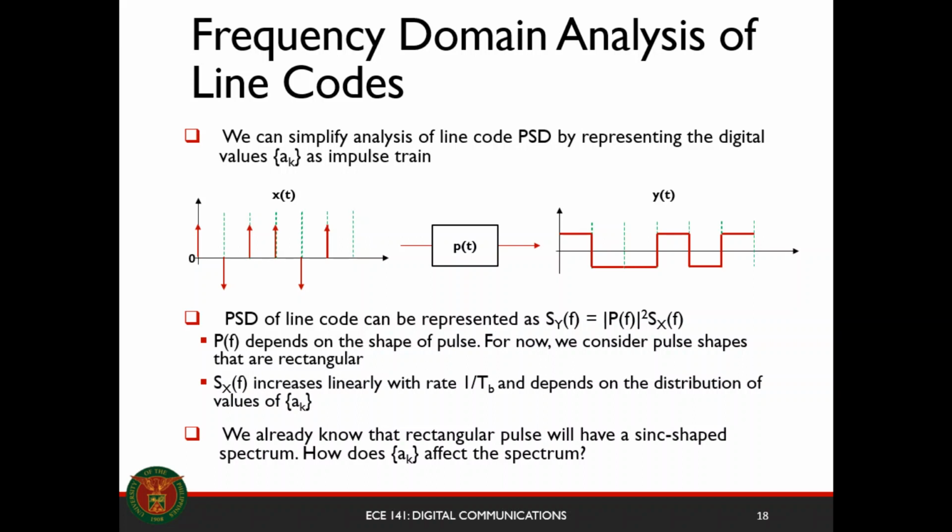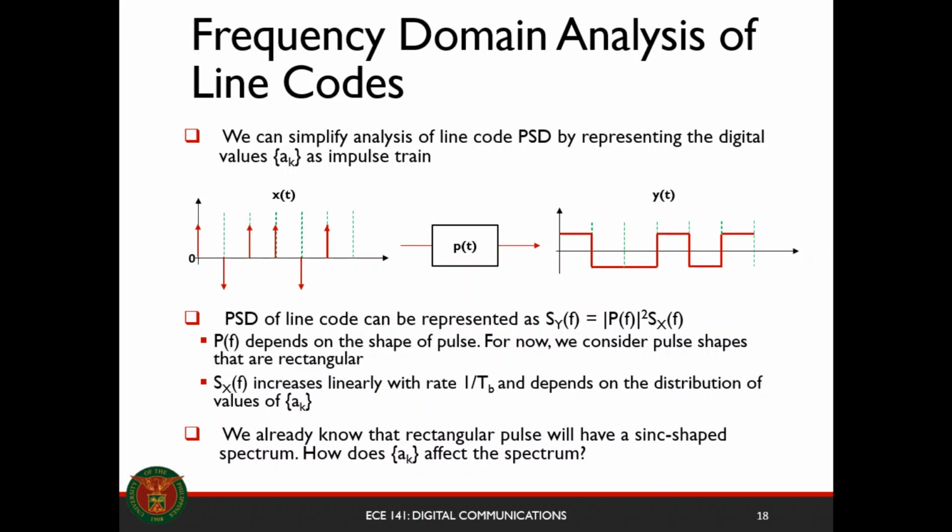So with that, we know how much power it has at a certain frequency. That's what we are certain about. We're not certain of the current output of your random process, but we are certain of how much power it has at a certain frequency. That's your power spectral density.